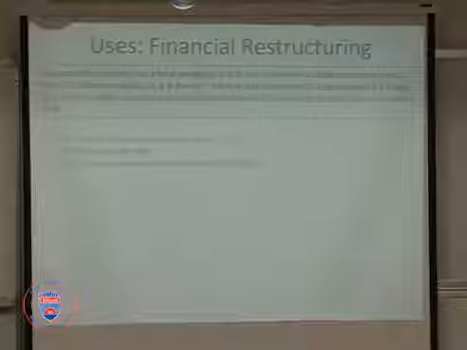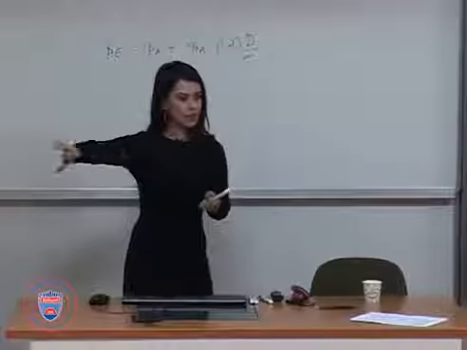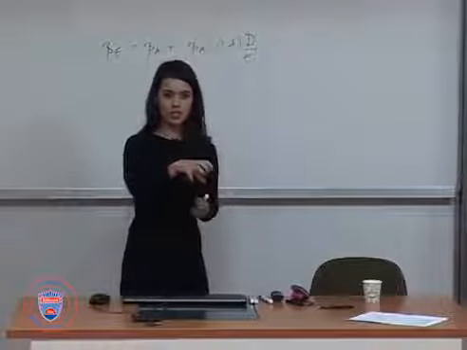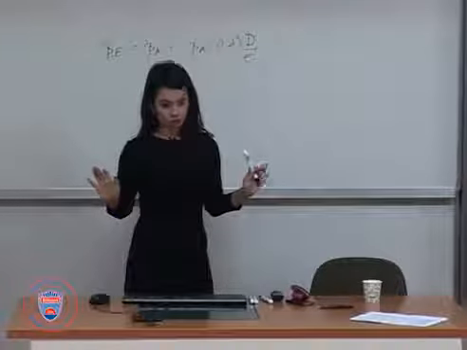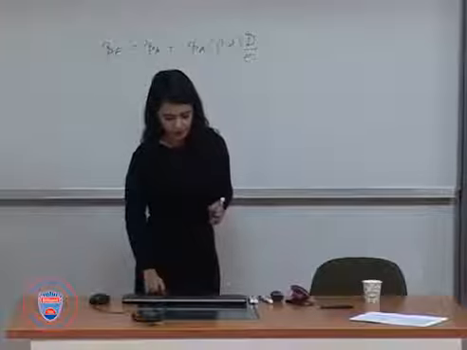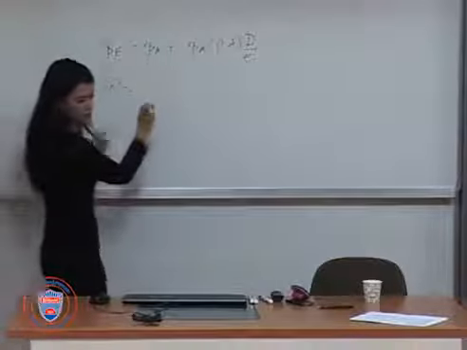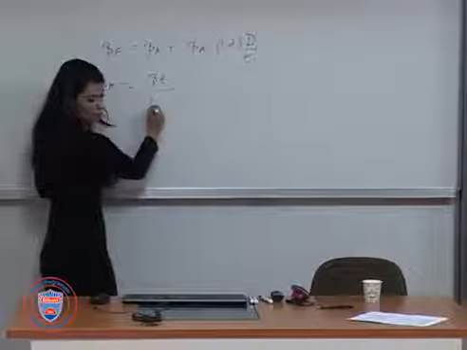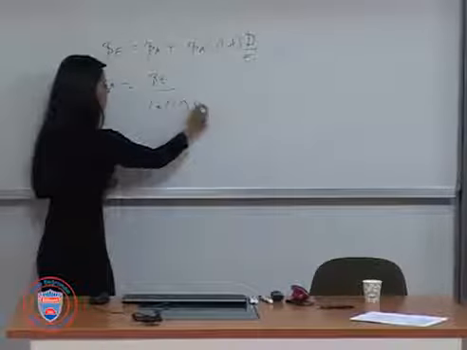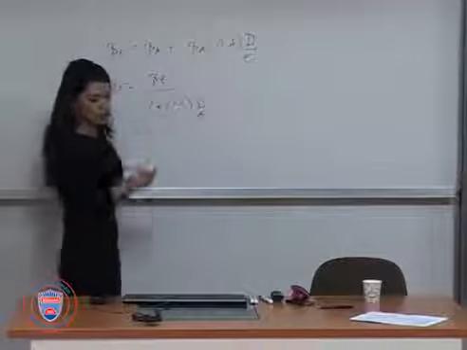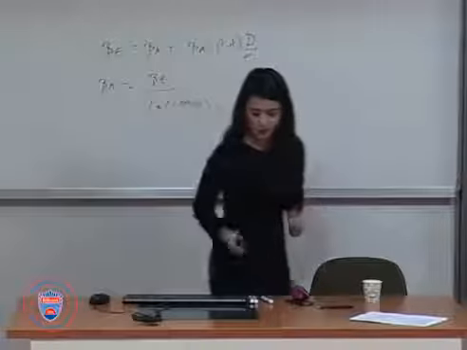Unlever the beta, remove all the effect of financing, then plug the new debt to equity ratio into the picture. That's all we're doing. And let me write this part as well. Okay, so it's the same formula, just the representation is a little bit different.